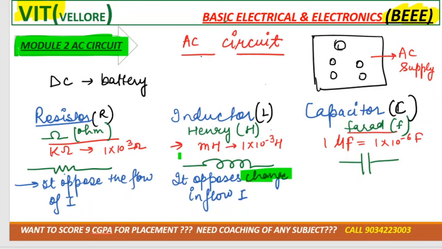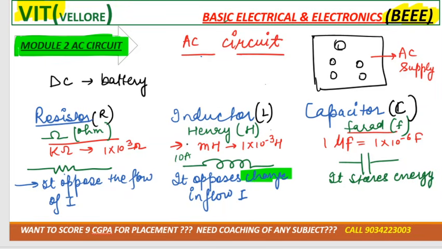If you are continuously changing the current, then the inductor won't allow the changing current to pass through it. If a current of 10 ampere has been flowing for a very long time and is not changing, then it will easily allow the current to pass, but it will not allow a changing current. Got it? Clear? Now the capacitor's function: it stores energy. Clear?